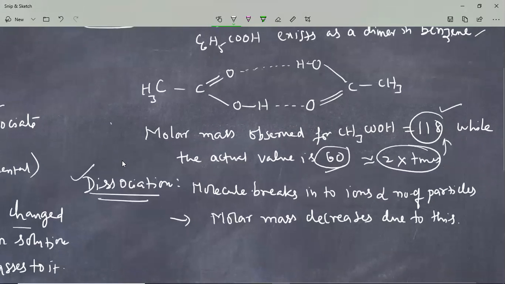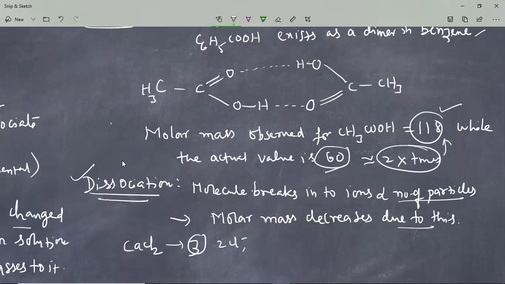The same thing you can observe in dissociation. The molecule breaks into its ions, which means the number of particles increases, so the molar mass definitely decreases. There are many examples, like calcium chloride and sodium chloride. For example, take calcium chloride dissolved in water. Each molecule dissociates into 3 ions: one calcium ion and 2 chloride ions.